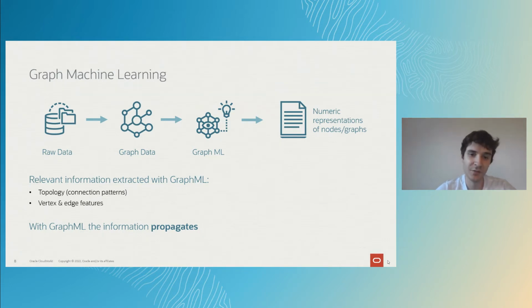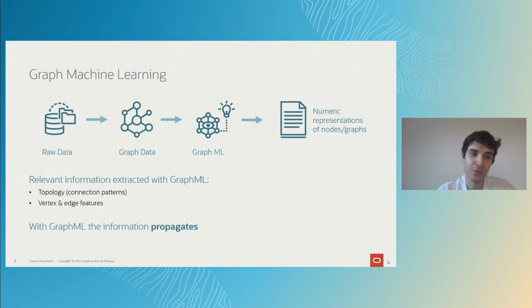So what the graph ML technique will do is actually leverage the topology information, so how the vertices and edges are connected and form a single graph, and also the attributes, so the features that might be linked to those vertices and edges.